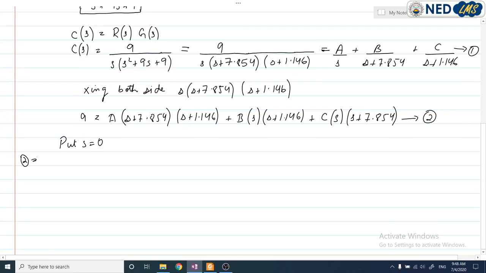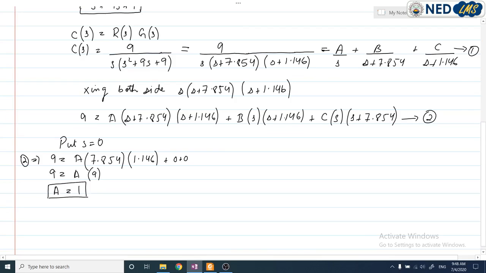So equation 2 will become 9 is equal to A of, because this s is 0, I will get 7.854 only, and also here s will be 0, so this will become 1.146, and the rest of the two terms will become 0. So from here, by multiplying these two terms, I get 9, and the value of A is 1.